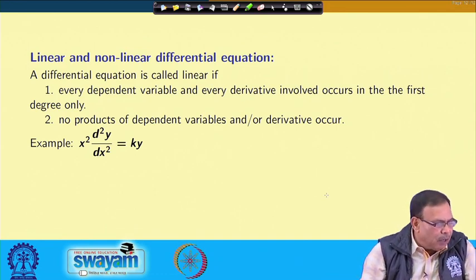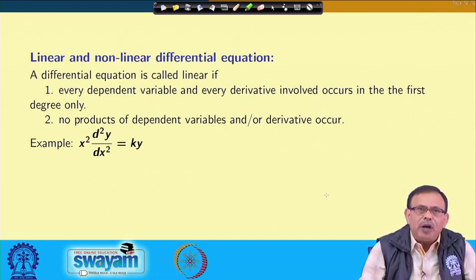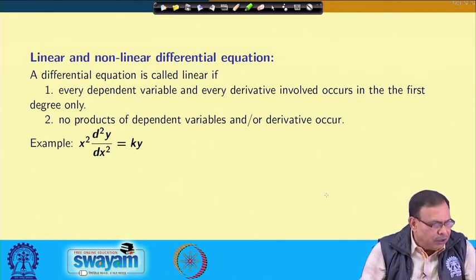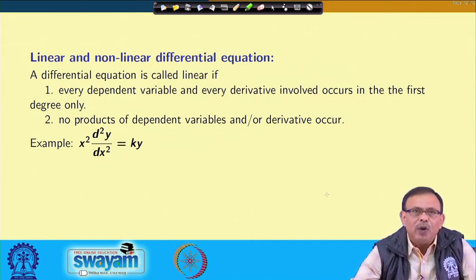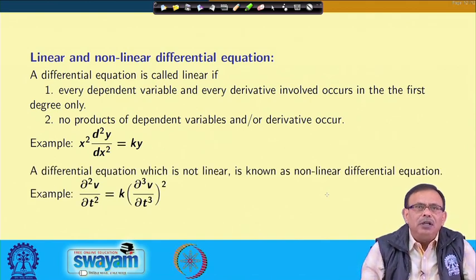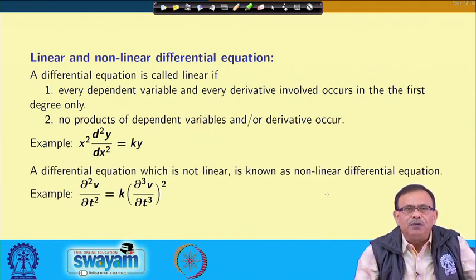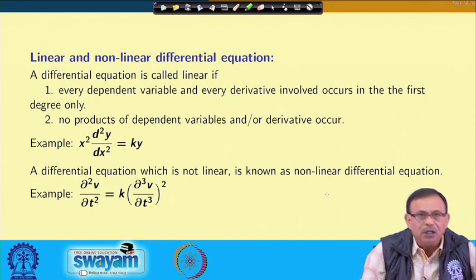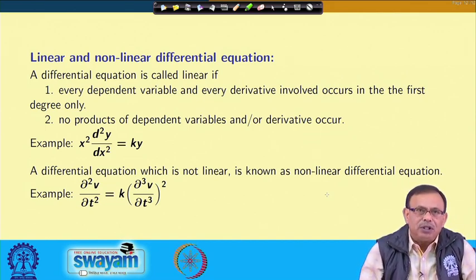Here one example we are writing: x² d²y/dx² equals ky. This is the linear form, whereas a nonlinear differential equation is defined as a differential equation which is not linear. An example we can give is ∂²v/∂t² equals k into (∂³v/∂t³)².